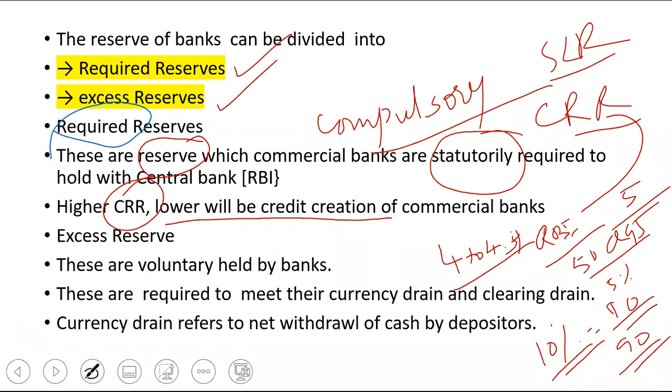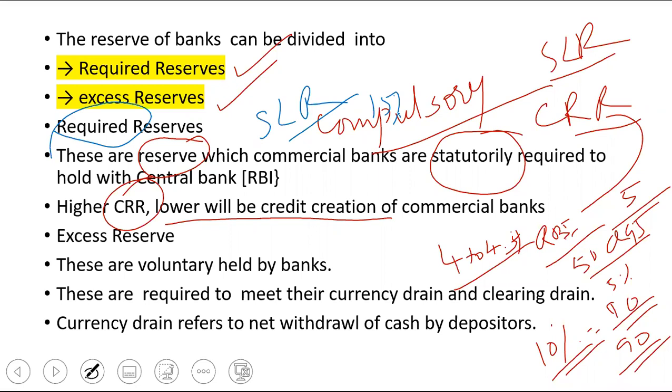In addition to this CRR, there is also SLR. Remember, SLR is statutory liquidity ratio. इंडिया में CRR के ऊपर कमर्शियल बैंक को SLR भी रखना पड़ेगा. So, but SLR is generally moving between 15%. Okay, that means 100 rupees जो मिलता है, 15 rupees should be kept as additional reserve.